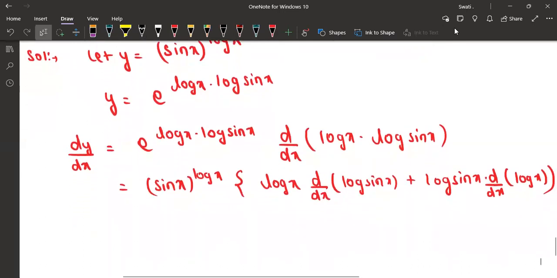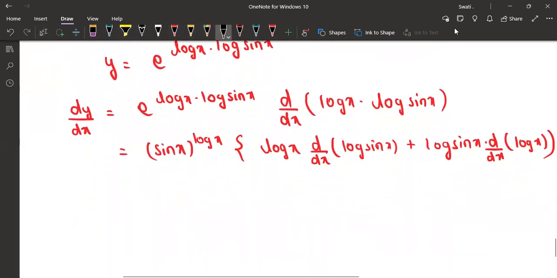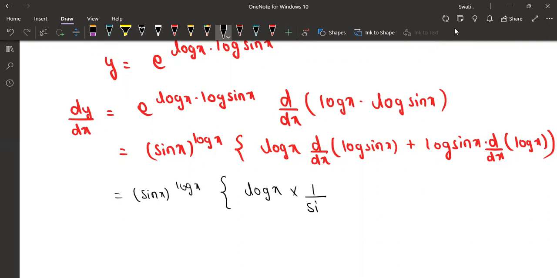Now we can simplify this. So the first step as it is, this is sine x raised to log x as it is. And here if we do the derivative, so log x as it is, your derivative of log sine x using the formula of derivative of log x, it is 1 over x. So this will become first 1 over sine x, and by again chain rule, we will do the derivative of sine x. So that we will do it in the next step. And here this will become log sine x as it is, and derivative of log x is 1 over x. So it will become 1 over x, and then we can close the bracket.